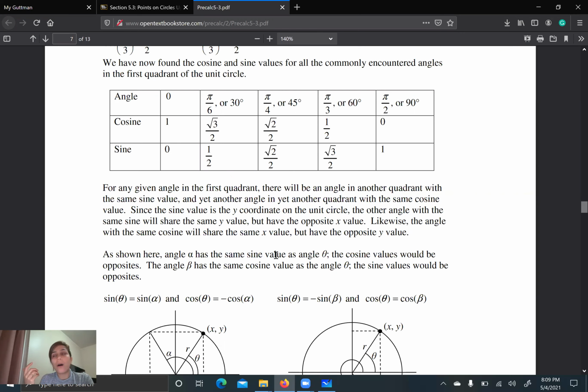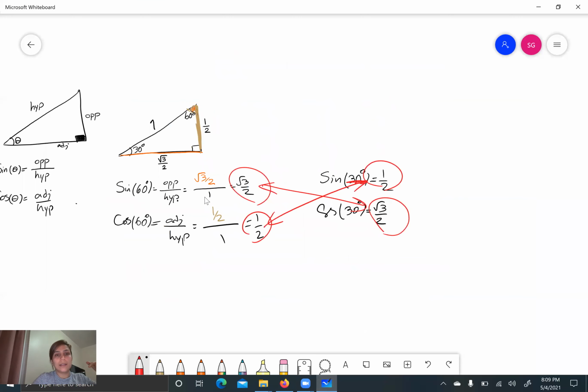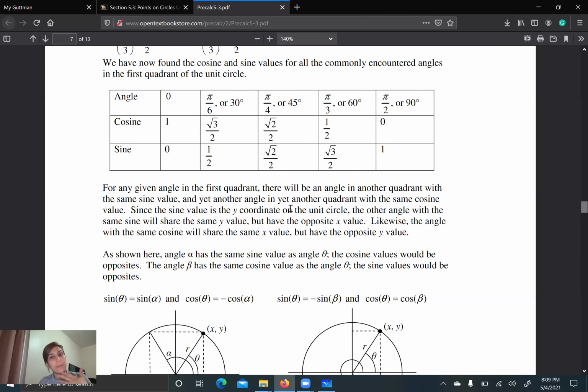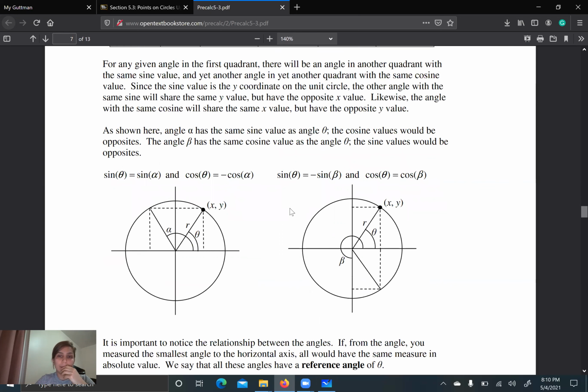But after a while, I hope that off the top of your head you can say, okay, sine of 30 degrees is half, cosine of 30 degrees is the square root of 3 over 2. I'm not saying memorize them. I'm saying that by using them over and over, hopefully they stick in your mind.